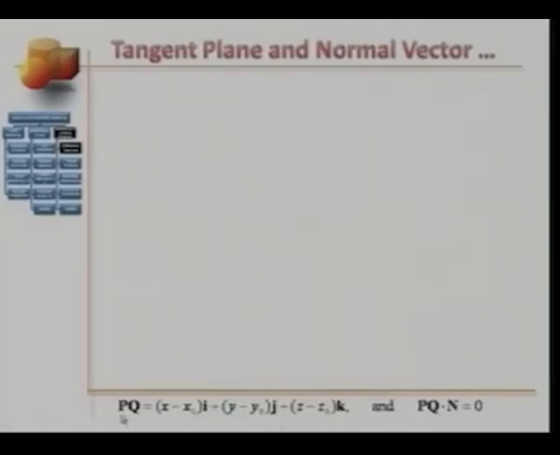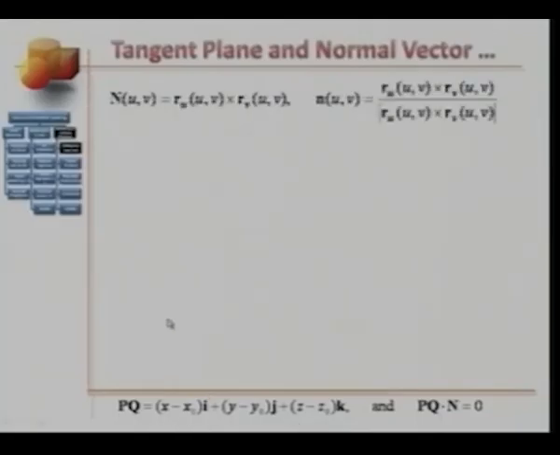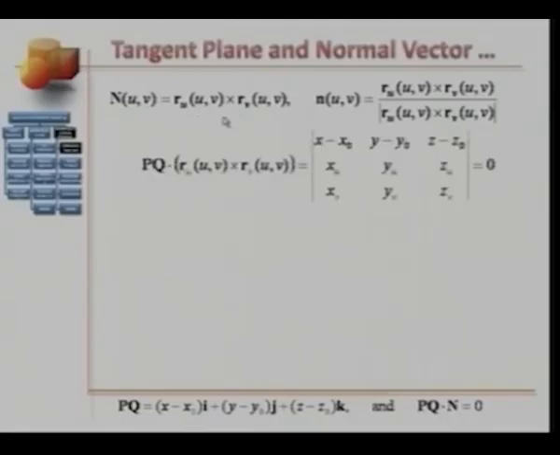So I have copied the previous condition here. If the normal is given by the cross product between two vectors identifying the tangent plane, namely r_u and r_v, and if we can extract the unit normal from this information, then we have PQ dotted with r_u crossed with r_v, which is given by the determinant of this 3 by 3 matrix.